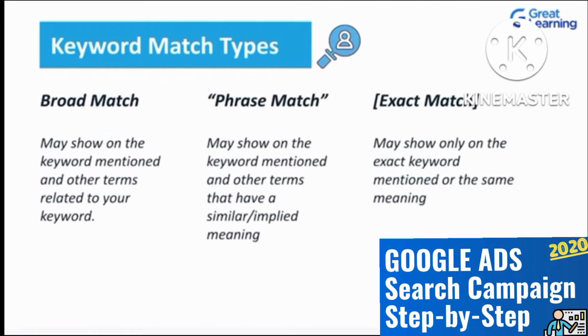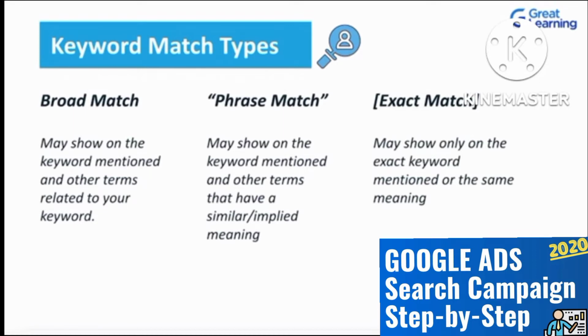Before doing your keyword research, you need to understand what the keyword match types in Google search are. As of now, there are three major keyword match types on Google search: broad match, phrase match, and exact match. There was another one called broad match modifier, but Google is slowly planning to remove that and use that in phrase match.